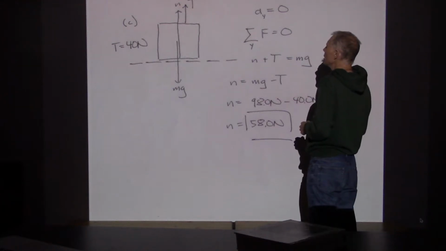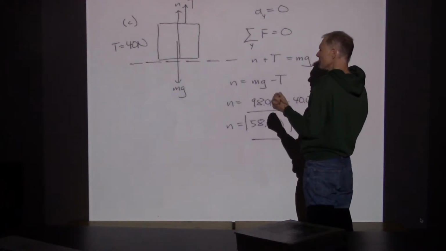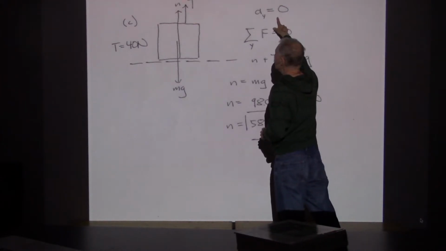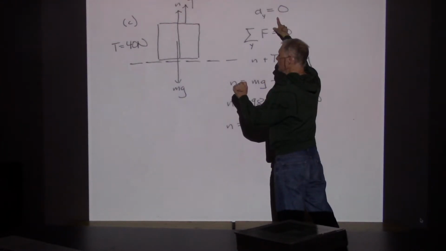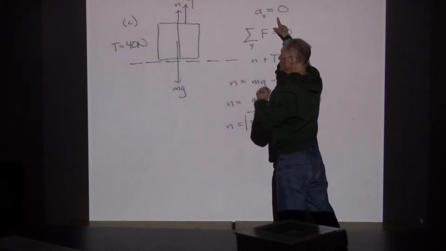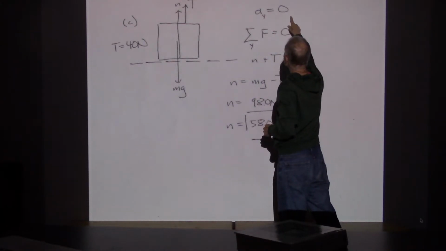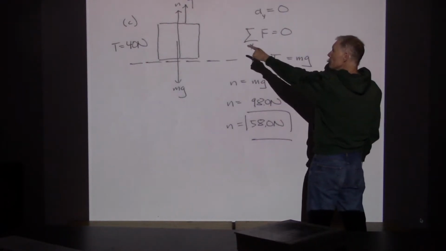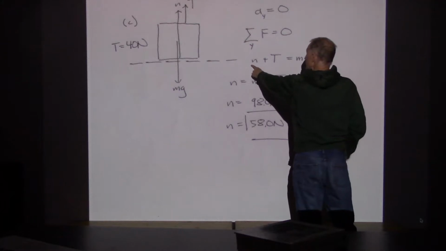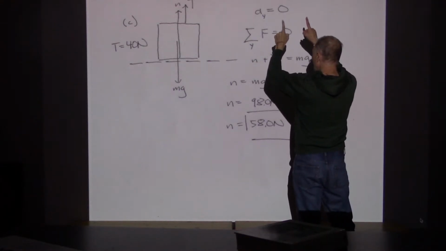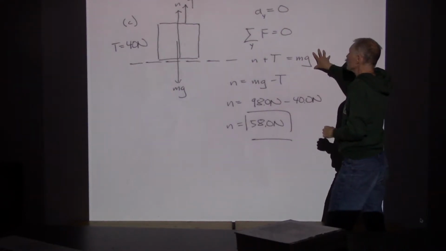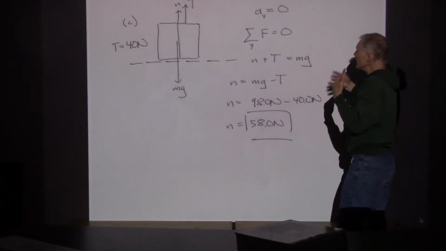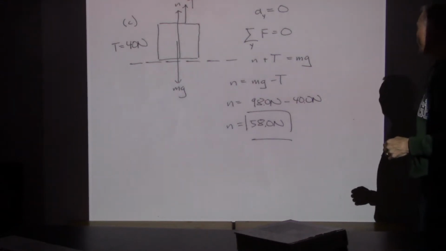First of all, let me assume that it remains on the table, and let's see how that works. If it doesn't, I think our calculations will show that. So a is equal to 0, the net force is equal to 0. Looking at my force diagram, N plus T together are upwards, mg is downwards, and if there's no acceleration, all the upward forces are balanced by all the downward forces.